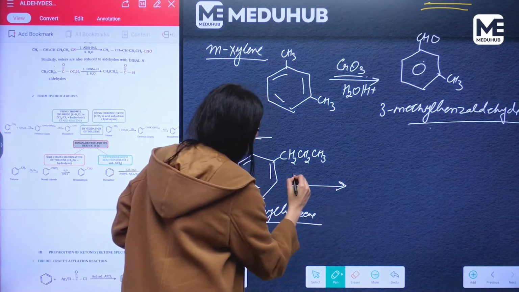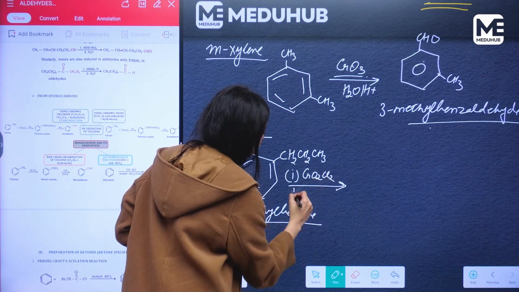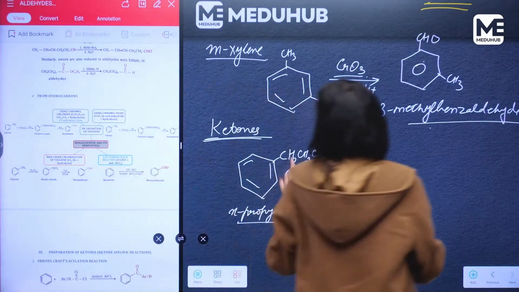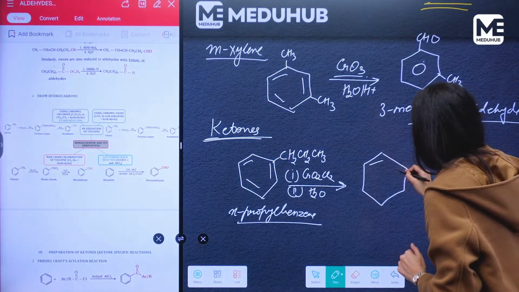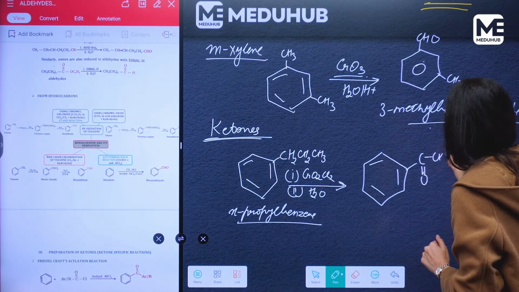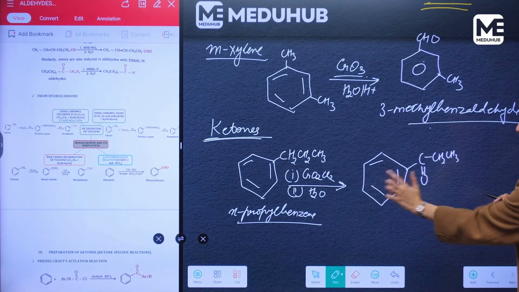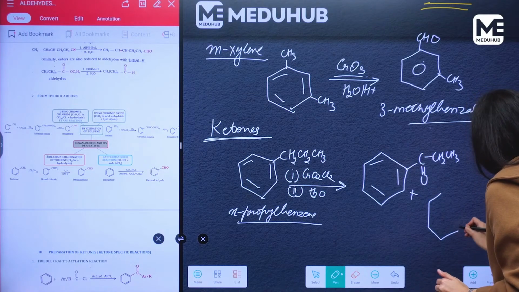When treated with CrO2Cl2, chromyl chloride, followed by hydrolysis, we will get a mixture of ketones here through rearrangement. So one would be this one, CH2, CH3, which is an ethyl phenyl ketone, and we will get this one as well.